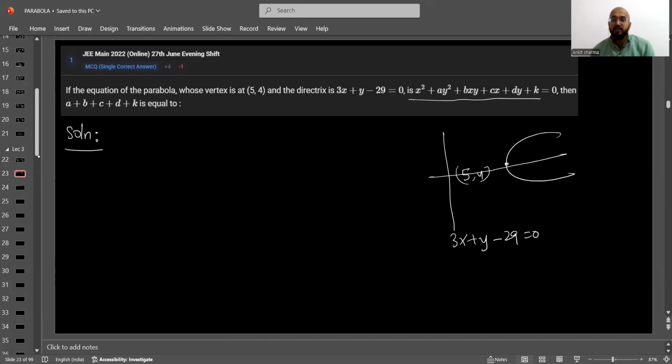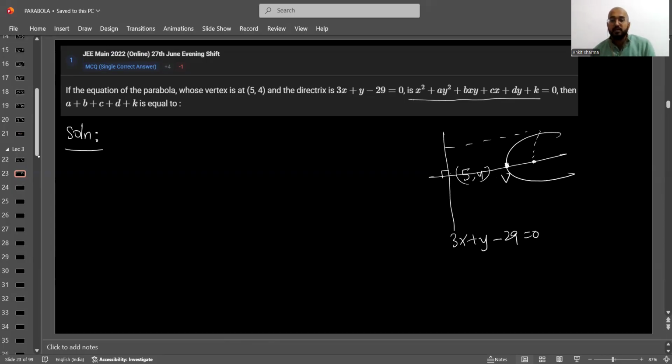So when I have the directrix, my intention should be to find out the focus, because once I get the focus, my entire goal would be to just use the focus directrix property. So how can we get the focus? This vertex we have is (5, 4). So what we can do is find the foot of perpendicular of this point on this line.